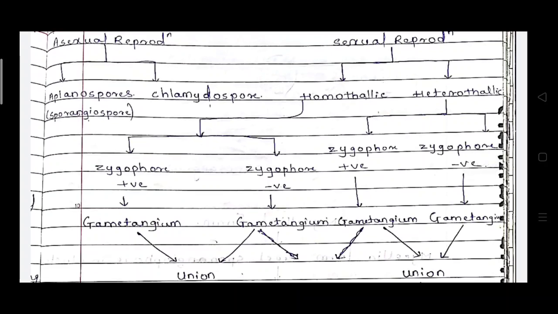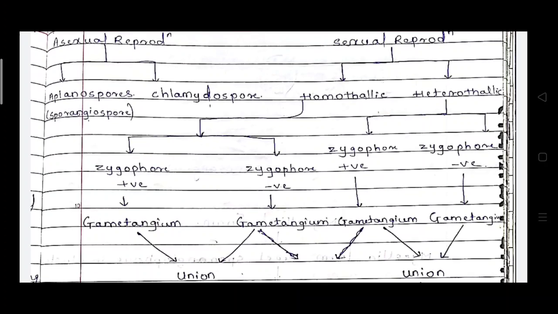In the heterothallic condition, the zygospores are present on two different thalli.